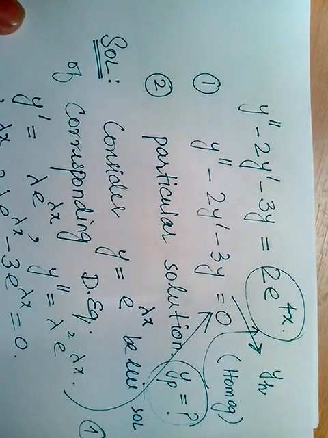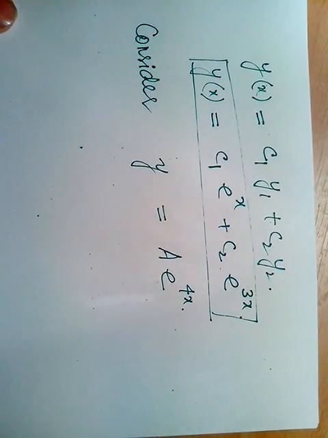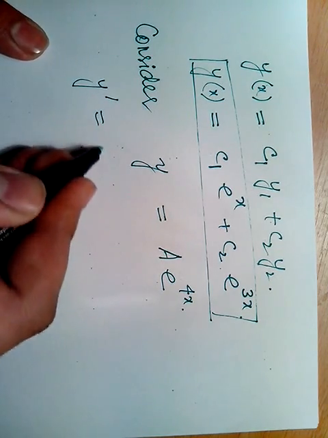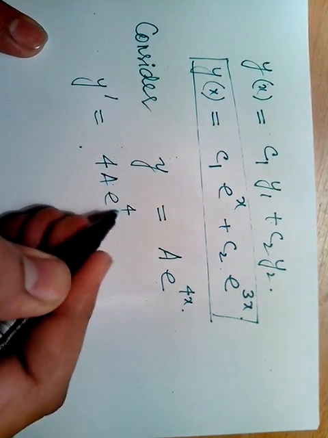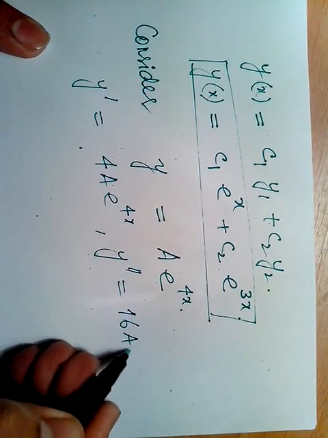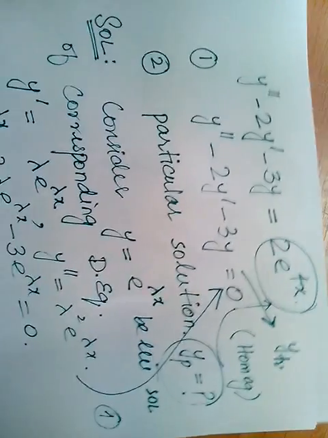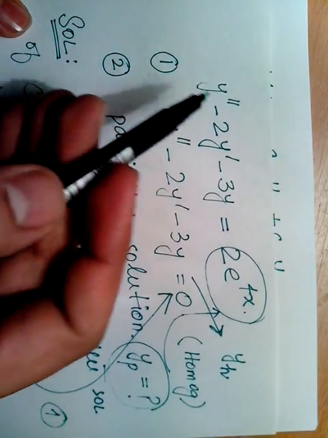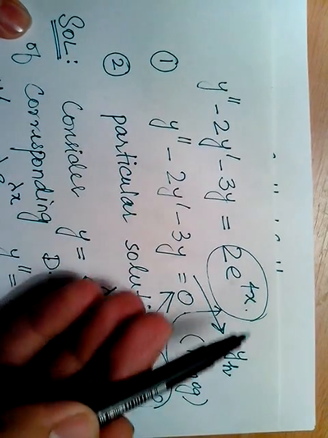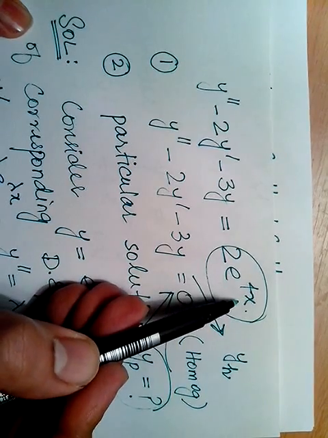We need the second derivative, the first derivative, and y itself, and then we plug them in. The first derivative is going to be 4a e raised to power 4x, and the second derivative is going to be 16a e raised to power 4x. So we plug in y double prime, y prime, and y, and set it equal to 2 e raised to power 4x.